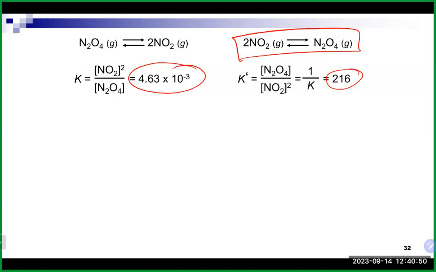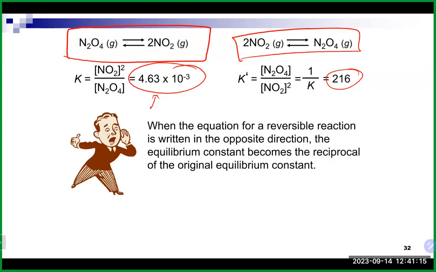If I say it has a K value of 4.63 times 10 to the minus 3, I am specifically talking about that reaction the way it's written, where the N2O4 is the reactant and the NO2 is the product. So when you state an equilibrium constant value for a particular reaction, it should be stated for exactly how it's written, and obviously, as we talked about, at the same temperature, as otherwise it would change.